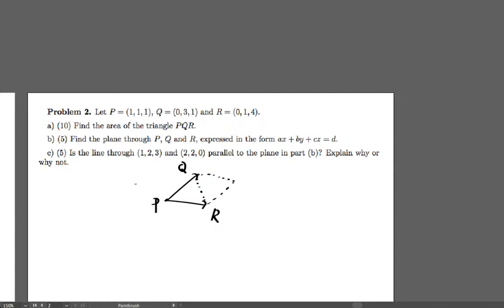It is not always true, because when I take the cross product of PQ cross PR, the result is negative, because when I point my finger towards PQ and then rotate it.